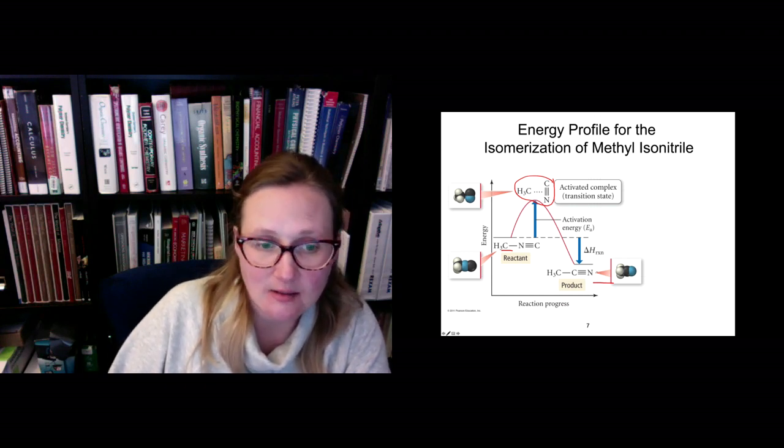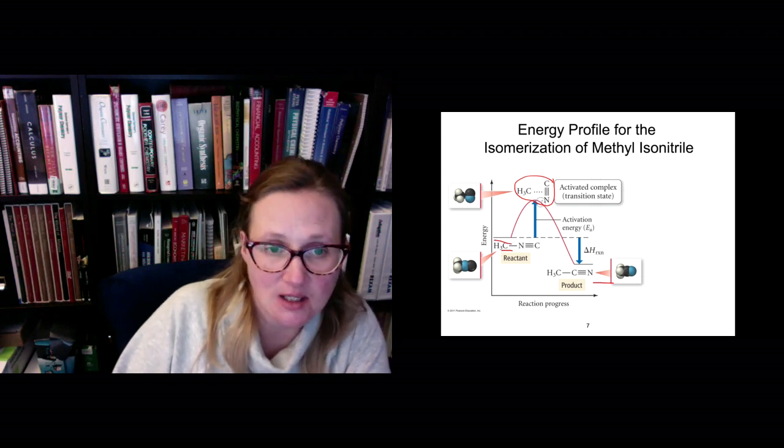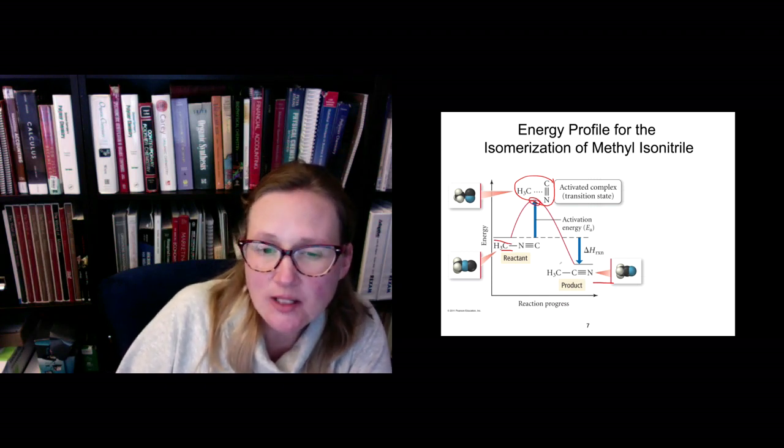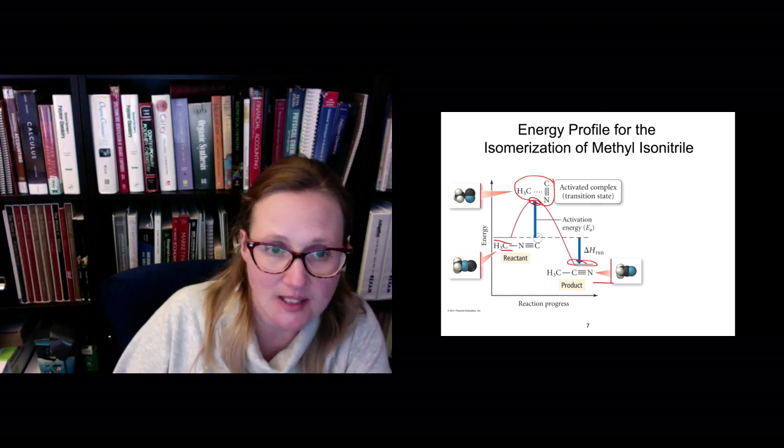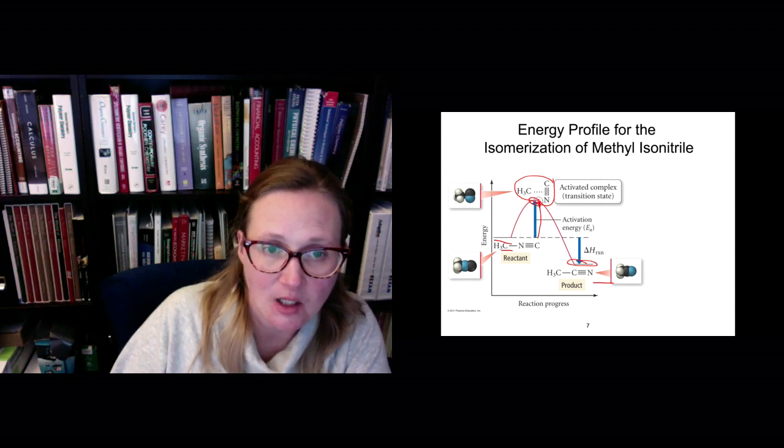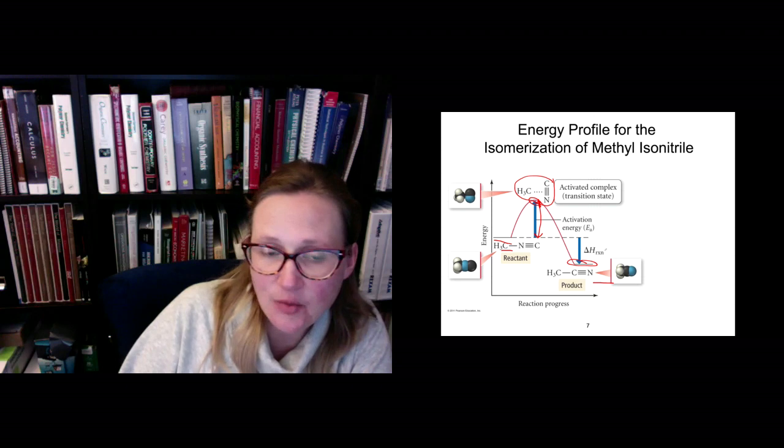Where is the reactant? Okay, this is our reactant. Where is the transition state? That's right here. Where is the product? The product is right here. What is the activation energy? Well, that's the energy from the reactant to the transition state. Okay. What is the enthalpy of the reaction?